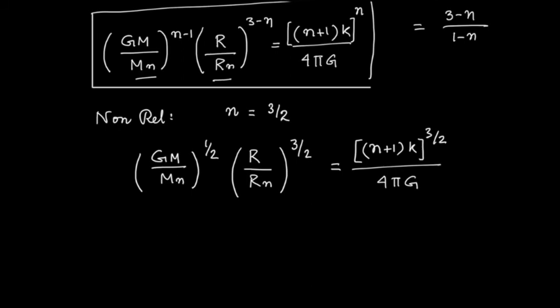So if you get rid of the half from all the sides, you see that in this case, these n's are basically 3 by 2. This I can also put as 3 by 2 over here.